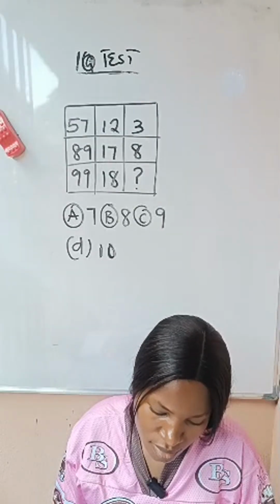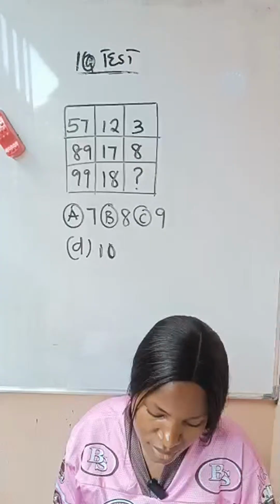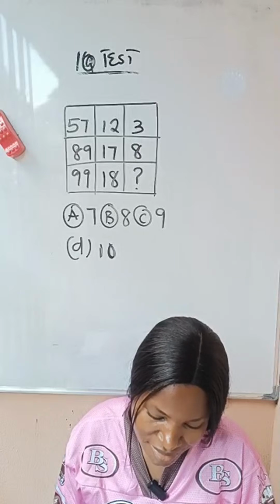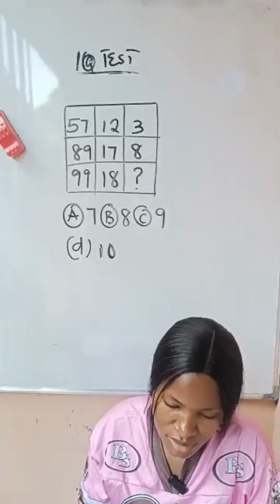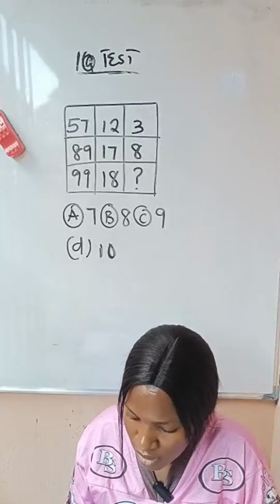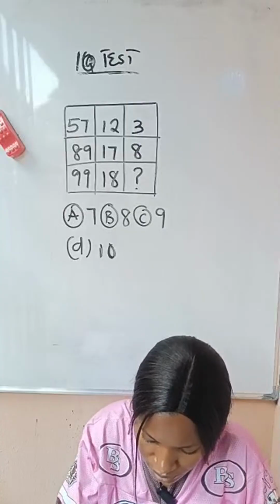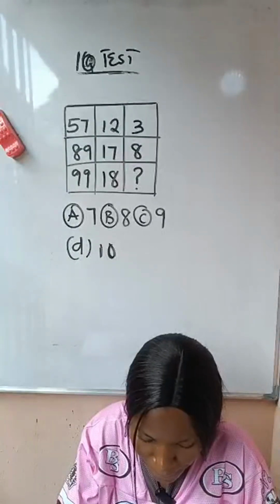If you take the numbers from the first and add them up, you get the last. Yeah, it's actually easy. Once you figure it out, it is very, very easy.